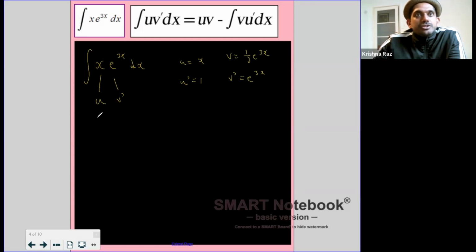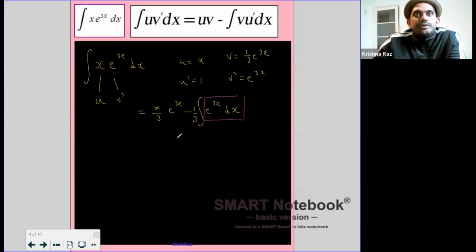Now I can just use the formula. So the integral of x e to the 3x will be equal to uv, which is x times a third e to the 3x, minus the integral of vu dash, which is 1 times a third e to the 3x. So you can see our question has got easier.